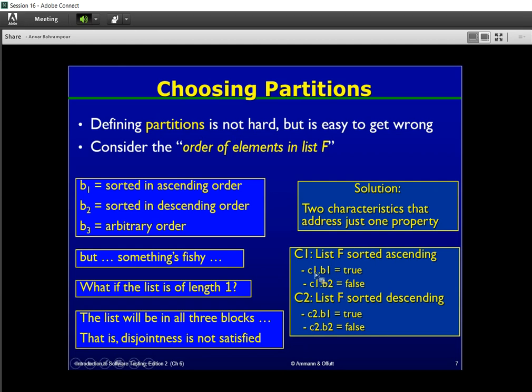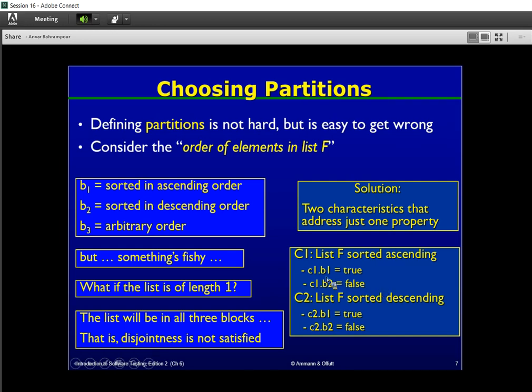The block B1 for characteristic C1 is all lists which are sorted ascending, and block B2 includes all lists which are not sorted in ascending order.